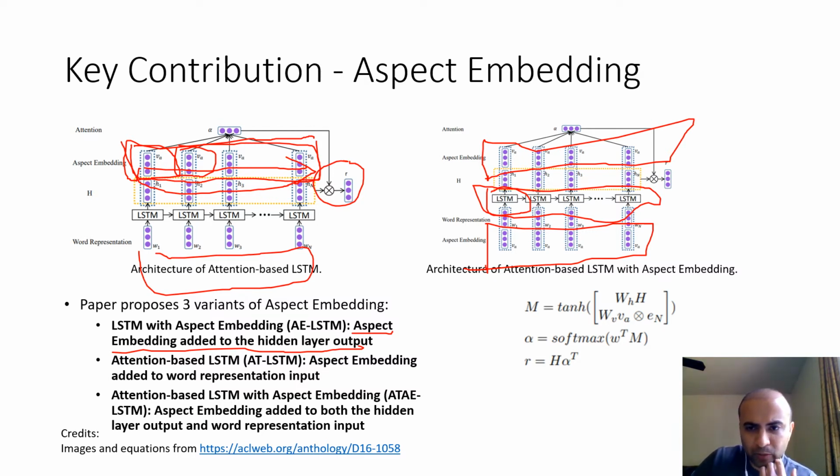What this means is when we're trying to compute the softmax output here, we are doing that with a combined matrix. So you see, this is the weights for the hidden layer outputs, and this is the weighted aspect embeddings, and those are multiplied by en.